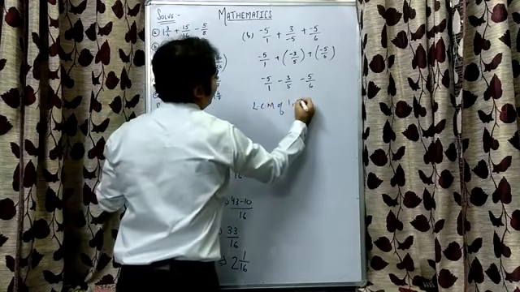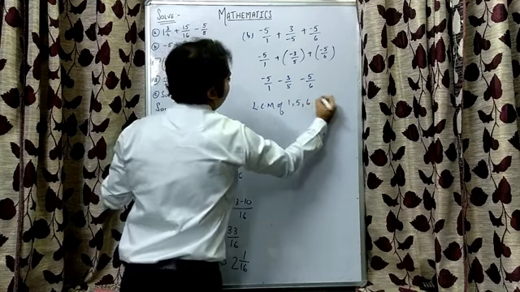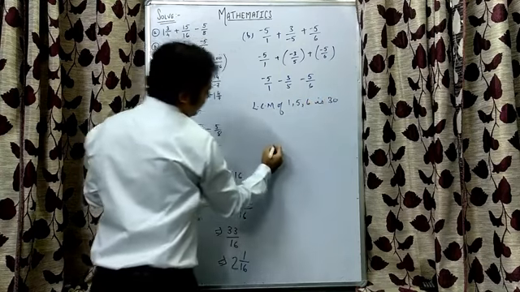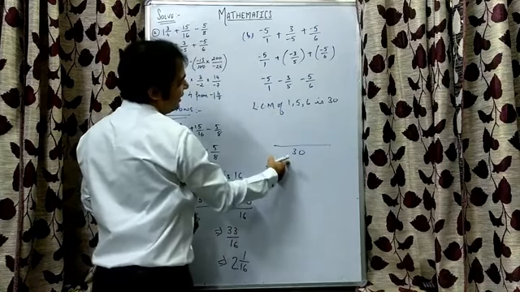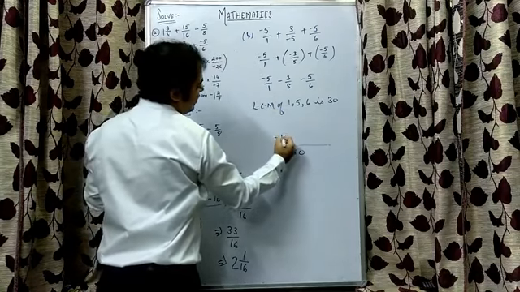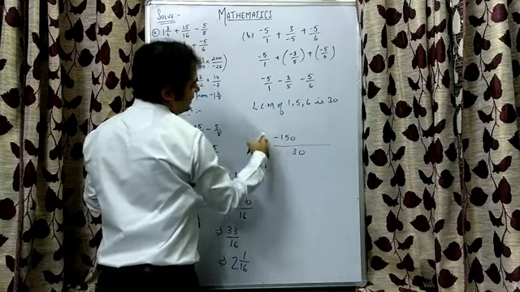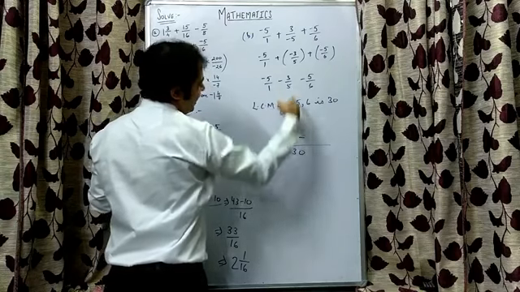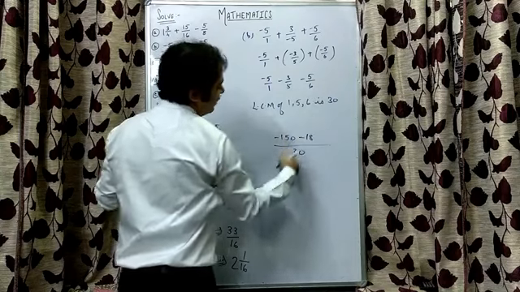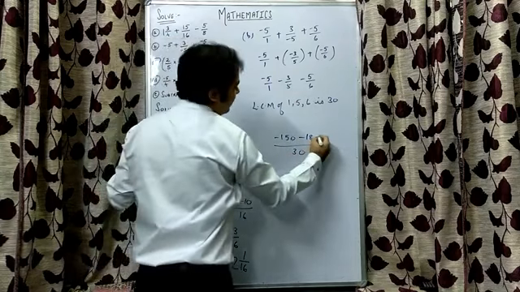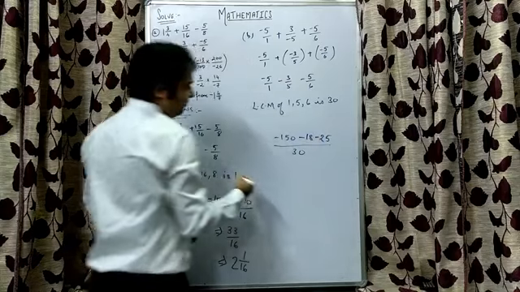of 1, 5 and 6 is 30. 1 goes in 30 times. 30 into 5 is 150 with a minus sign, then minus. 5 goes in 30, 6 times. 6 3s are 18. 6 goes into 30 5 times, will give me minus 25.